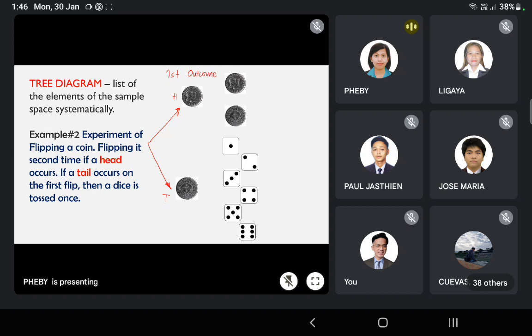So, kung lalabas daw si head, ipi-flip natin again yung coin. So, once we flip the coin once again, magkakaroon na naman siya ng panibagong outcome, which is either a head or a tail. Gets? So, therefore, ito yung ating second outcome.